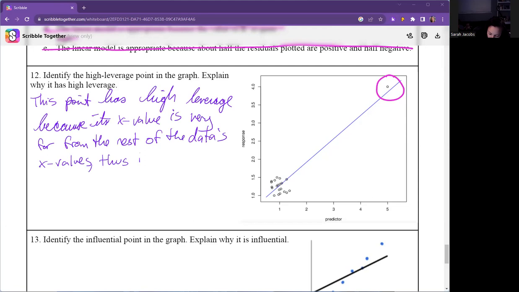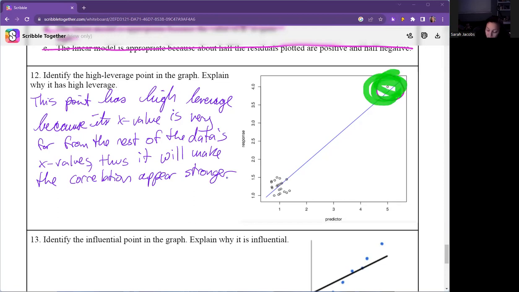Thus, it will make the correlation appear stronger. So we can imagine this is having a big impact. It's having high leverage on our graph.